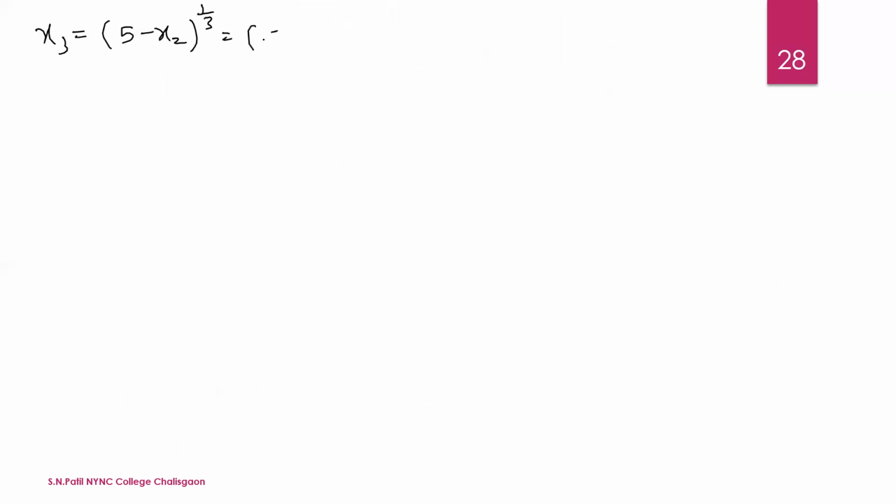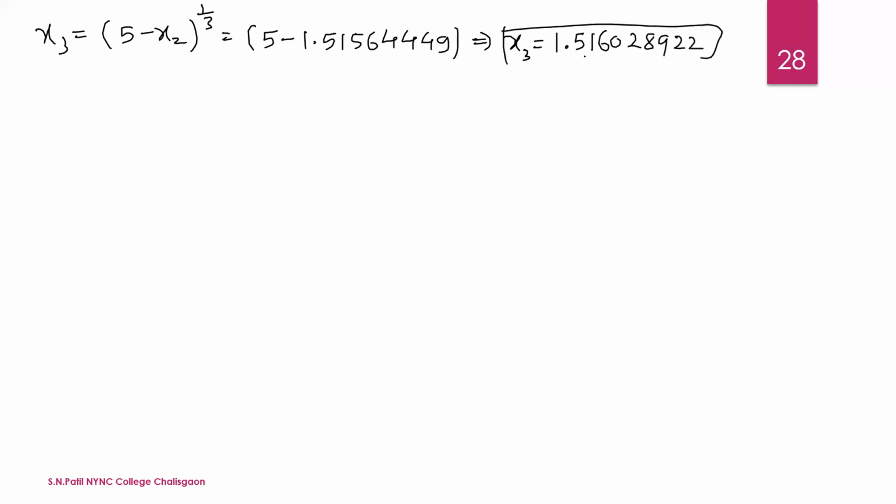That is 5 minus the value of x2, 1.515644449. So we get x3 is equal to 1.51602892.